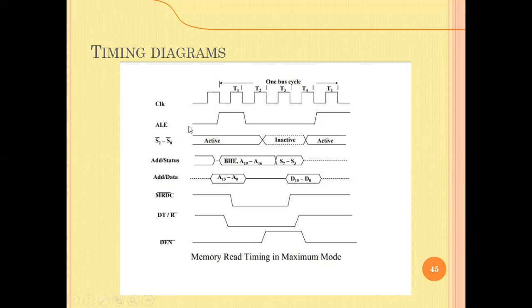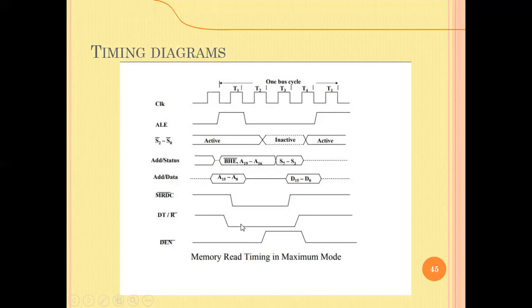At the time of ALE, the address comes out on this bus, and after getting the address, it is now time for reading the data from memory. So we need to make the memory read control enabled. This is active low, hence low, DT/R bar is again low, and DEN bar is also low here.